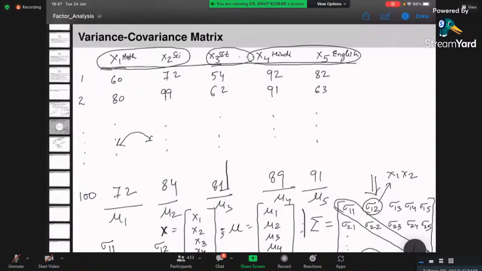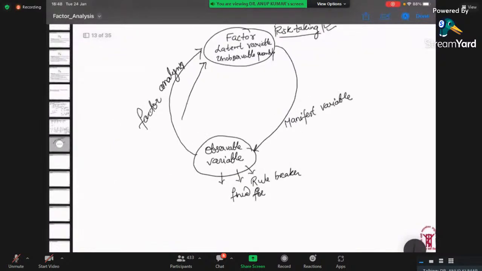So that is because of hidden factors of the student.